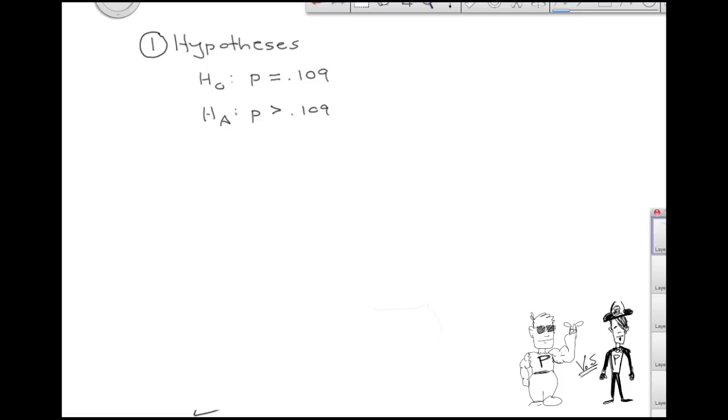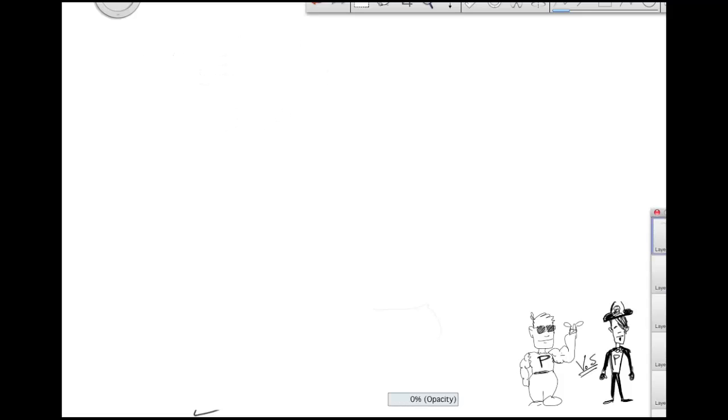All right, so in step 2, what we need to do is check our conditions. Just like we did in chapter 19 when we did confidence intervals, we're going to have four similar conditions, starting with the random condition. I'm going to look at the context of the question to see if they said it was a random sample or not.